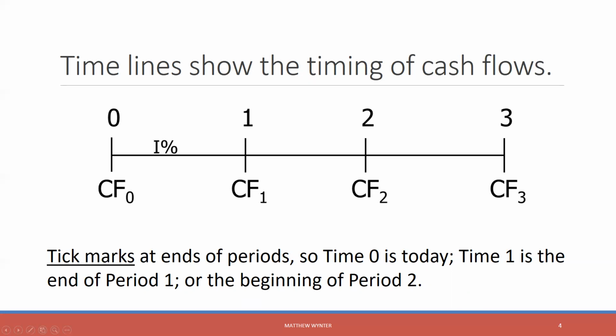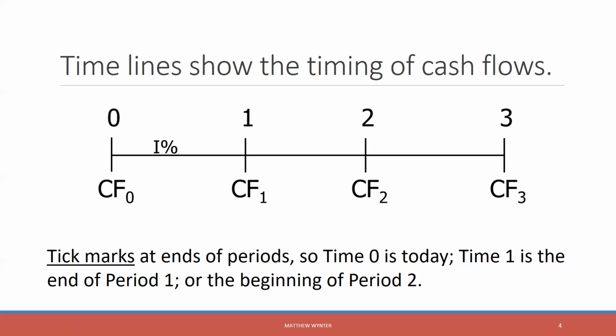You'll also notice how every single cash flow, 0, 1, 2, and 3, is telling you when it arrives along the timeline. So we're going to follow that same convention, which you'll see in my examples, and we'll talk about the cash flows at different time periods.